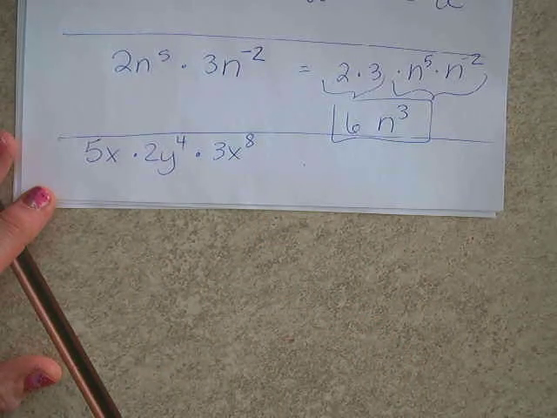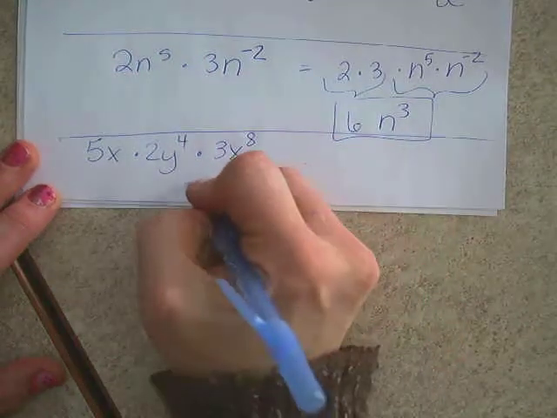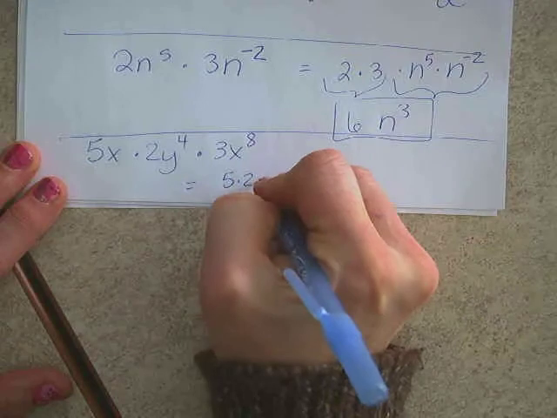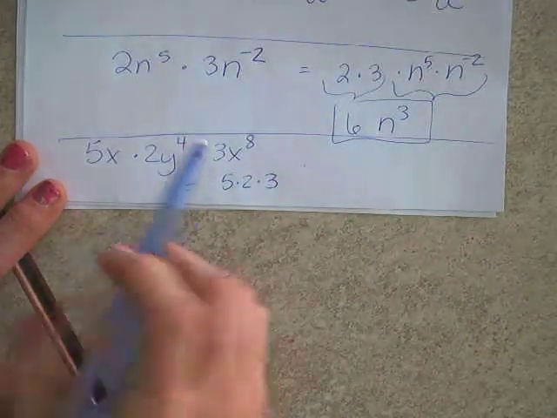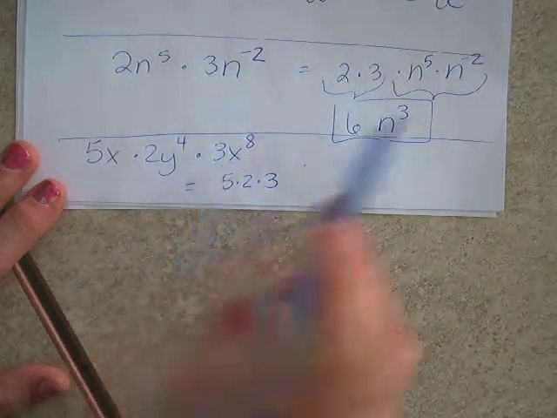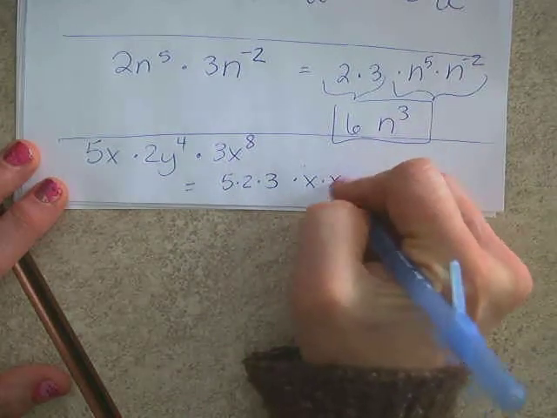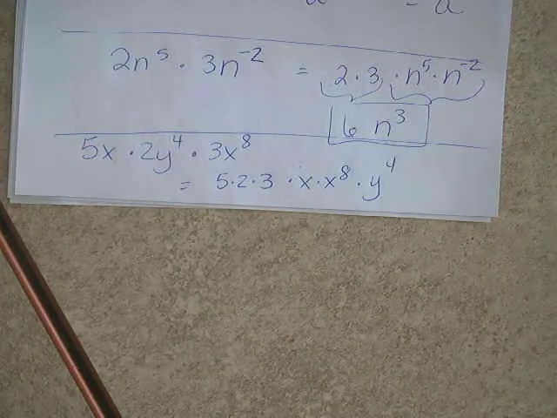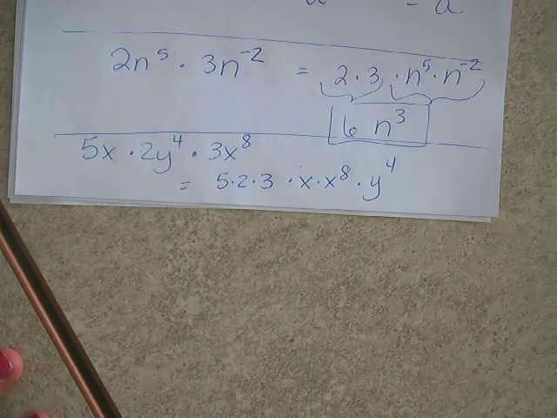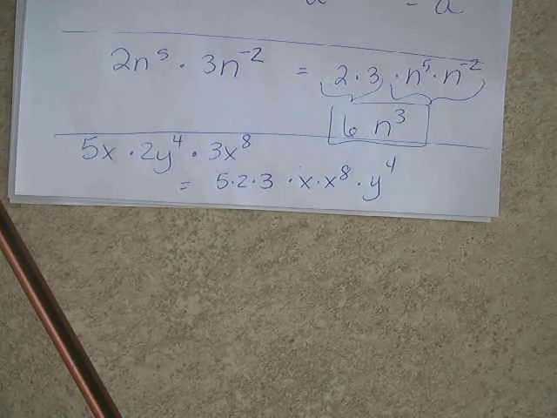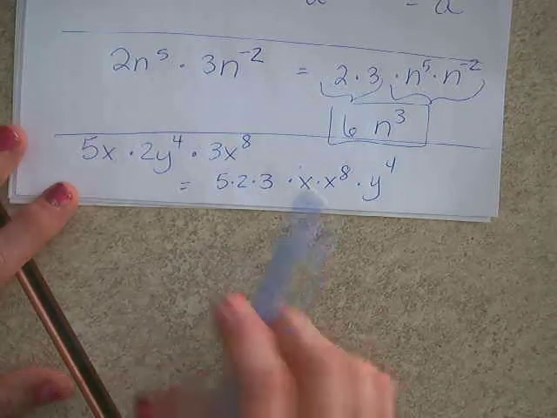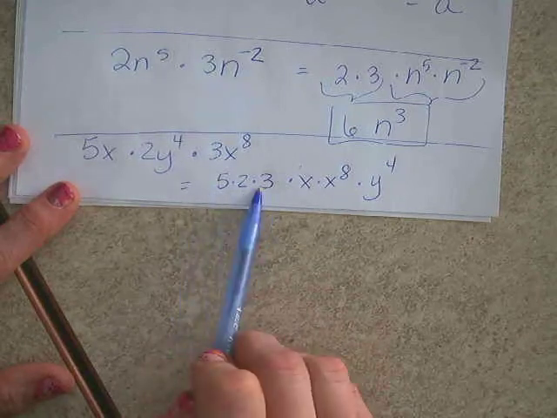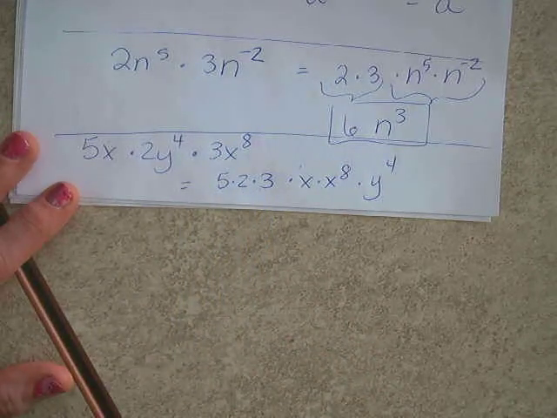All right, so when you have more than one expression, then we group the things that are alike. So this would be 5 times 2 times 3, and then you have a couple x's, times x to the 8th times y to the 4th. All we're doing here is grouping, because they're all part of the same product anyways.